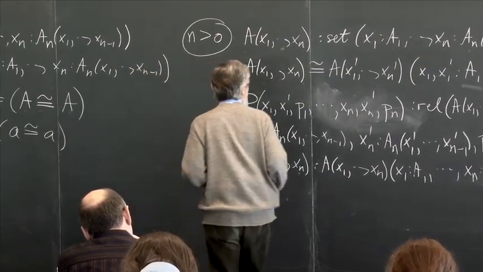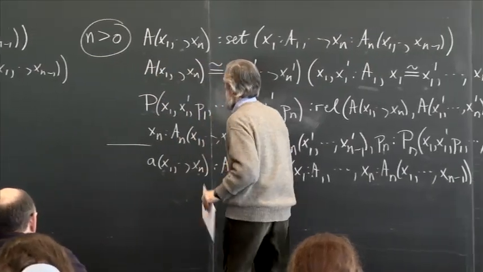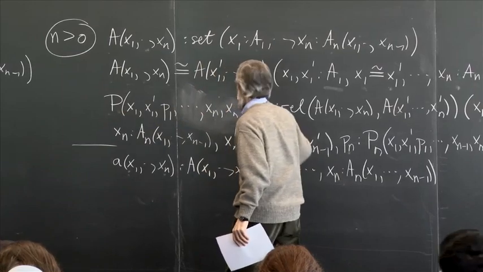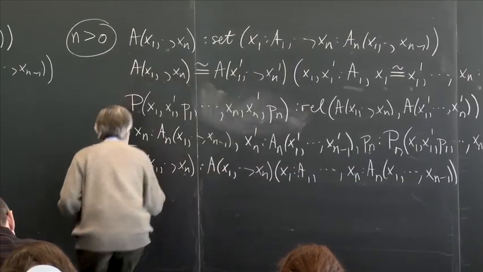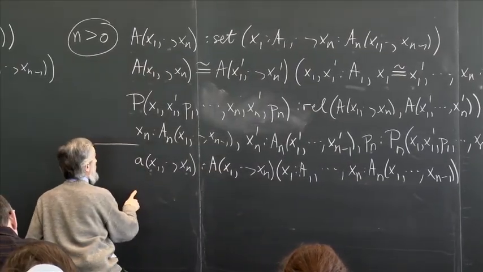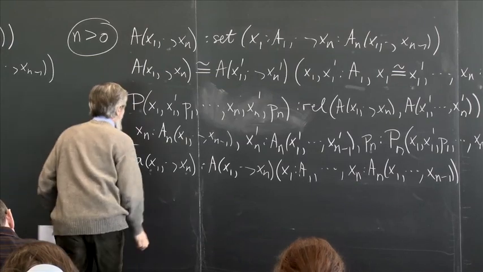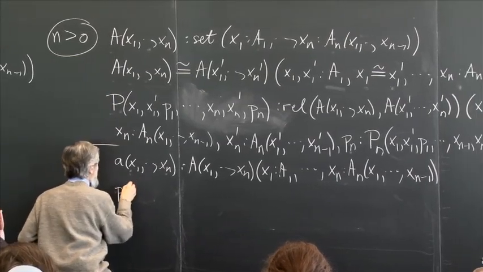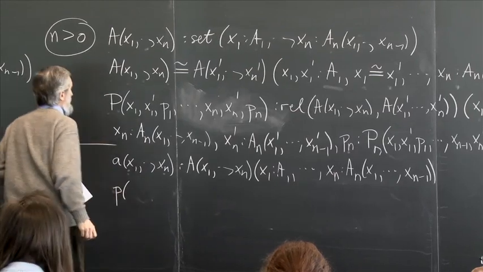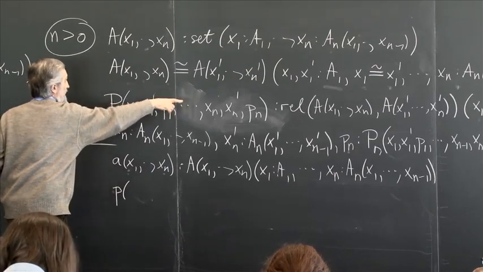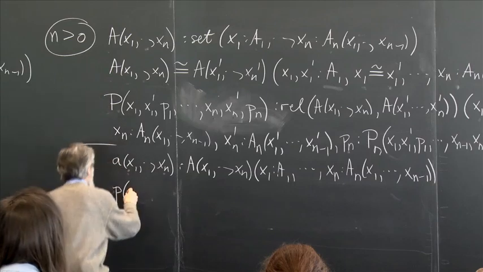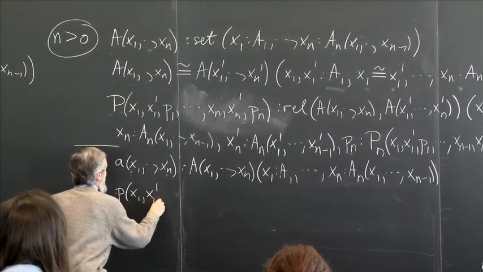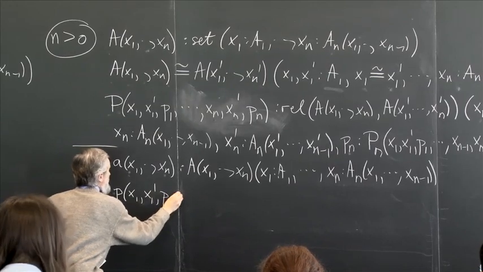So that means that we should have a proof that they are related relative to this relation, and let's call that proof little p, say. So then that proof little p will depend on the same parameters as here, p of x1 and p1.